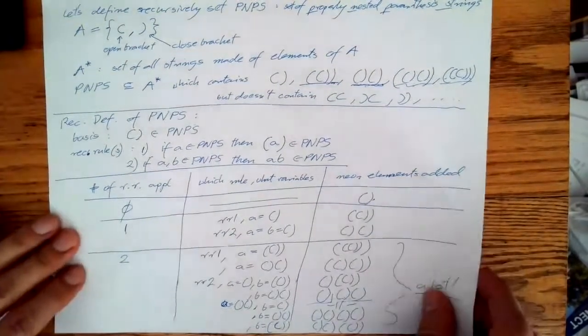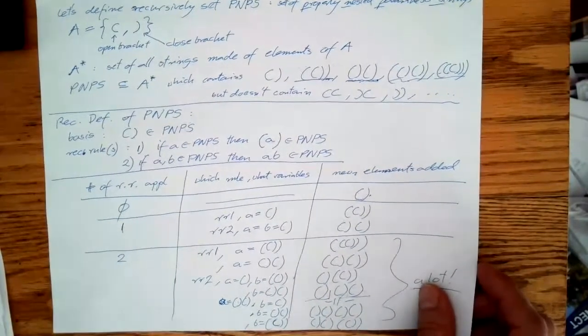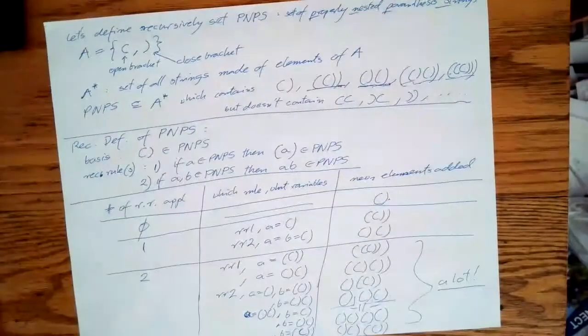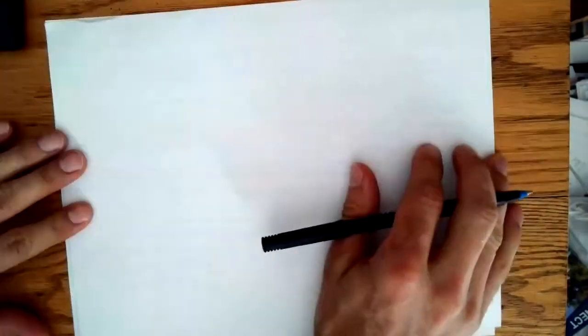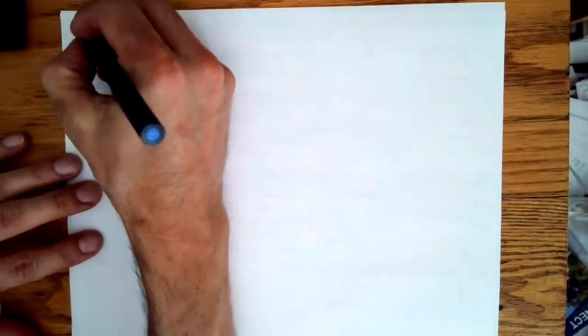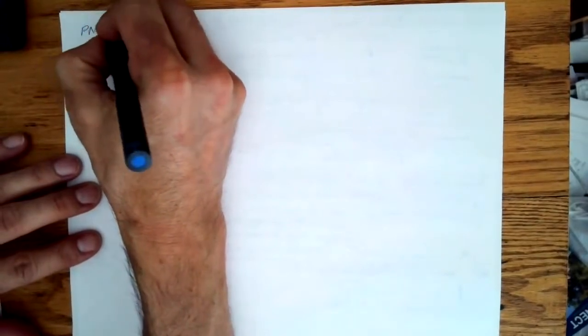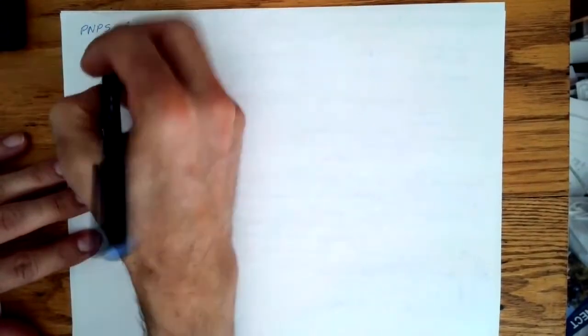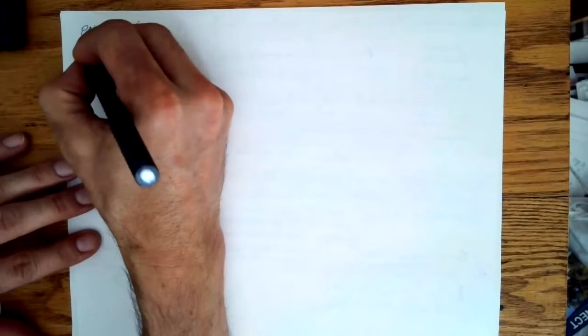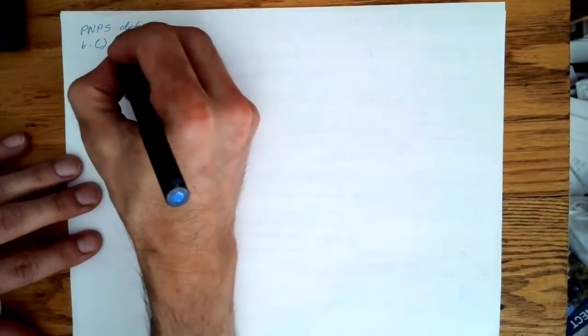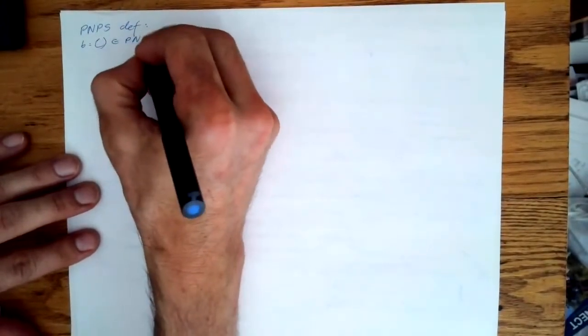But let's look at some other questions we can ask. So here is a recall of the PNPS definition I gave. Base: this open close is in PNPS.